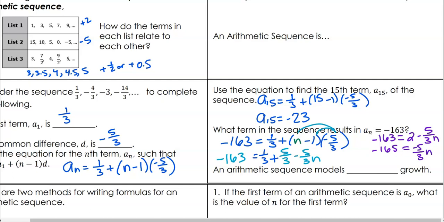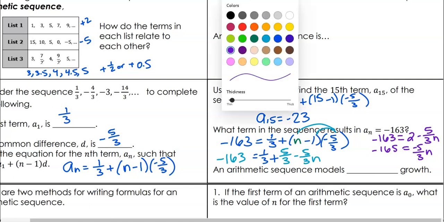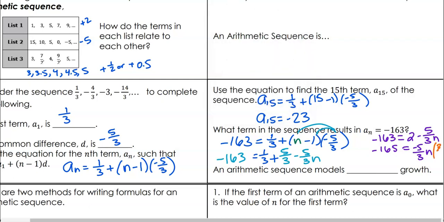And how do we get rid of that fraction? We multiply by the reciprocal. So we're going to multiply both sides by negative 3/5. You want n to be positive, so you're going to do a negative times a negative to make your n positive.